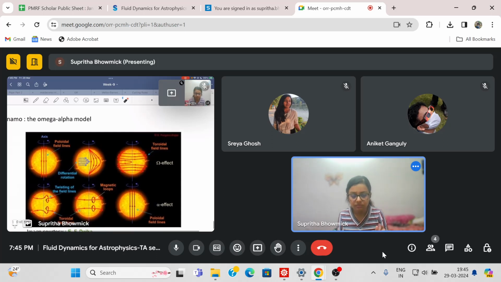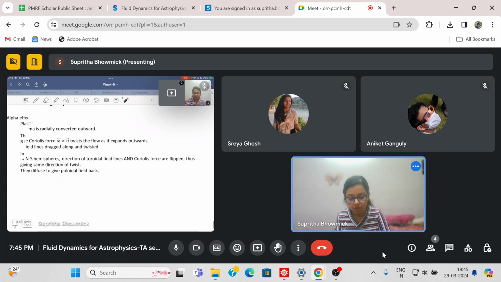Note that for an observer in the northern hemisphere, the direction of omega is upwards, and for an observer in the southern hemisphere, the direction of omega gets reversed, because then the observer will see omega inwards towards the ground. So omega gets flipped for the two observers in the two hemispheres.